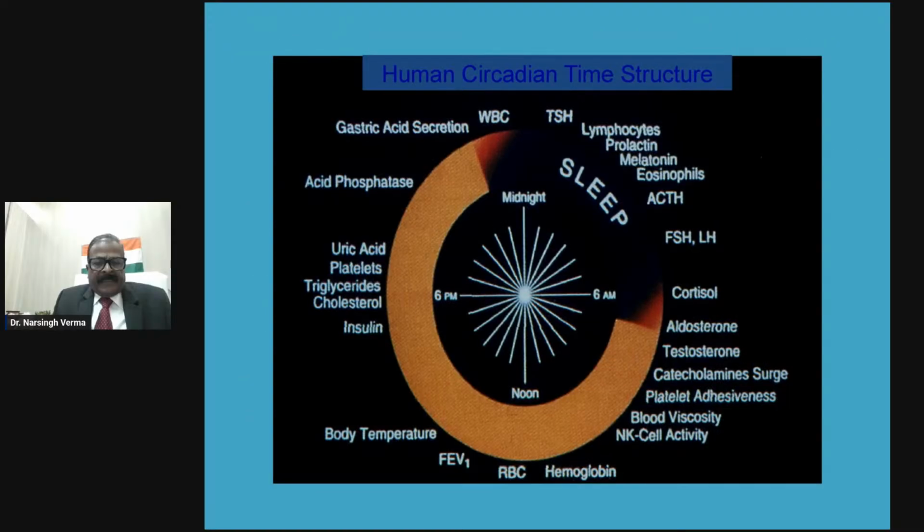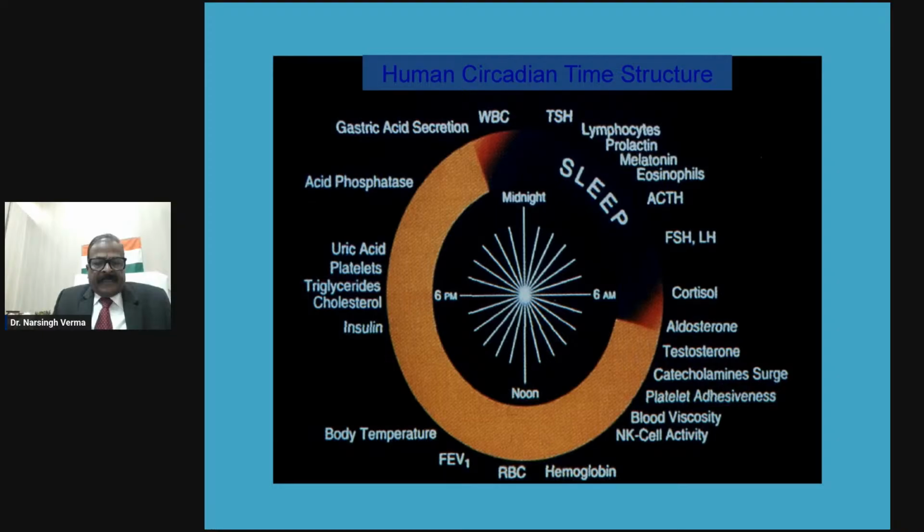Before that, we all know that all physiological functions have a circadian pattern, and this slide is depicting this. All hormones are secreted in a circadian manner, and during daytime and during sleep time, all our physiological functions vary, from the functions of the hormones and also other mechanisms like uric acid, platelet function, triglyceride, lipid profile.